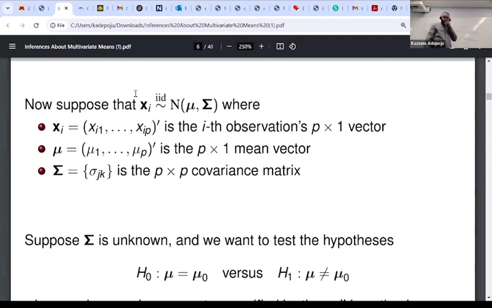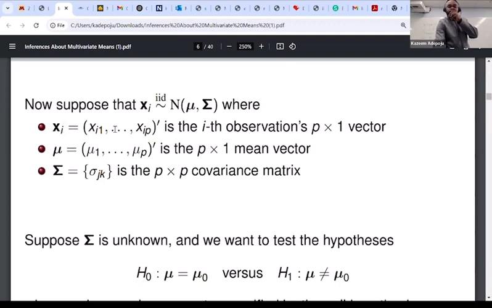Does that make sense? This is telling you, X1 up to Xp. Maybe I'm talking about school performance. The X1 may be performance in math, performance in science, performance in reading, and so on.